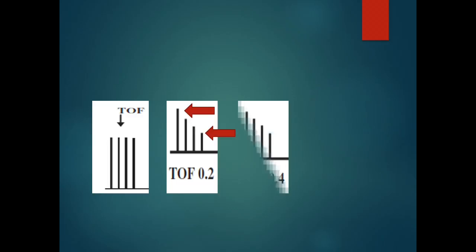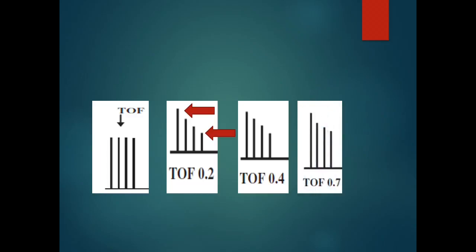Now after some time, say the patient is recovering, and you check the muscle response after around 2 to 3 minutes. The twitch response keeps gradually increasing and the train of 4 ratio is going to be 0.4.